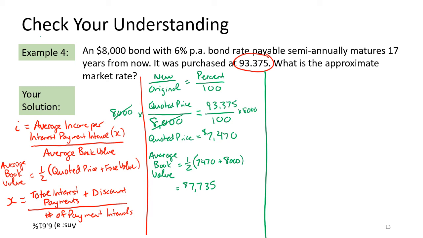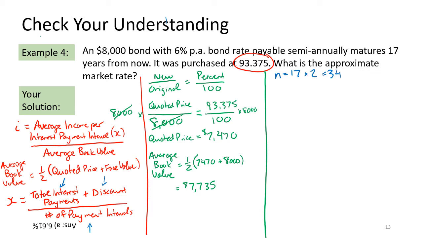Remember, our value of X is equal to our total of interest payments plus our discount, divided by our number of payment intervals. First, the number of payment intervals, and that's easy: 17 years times 2 payments a year gives us 34. Our discount is also a quick one to calculate.